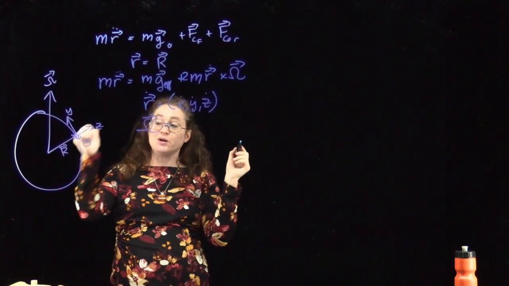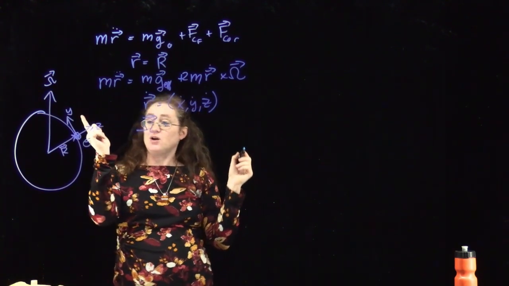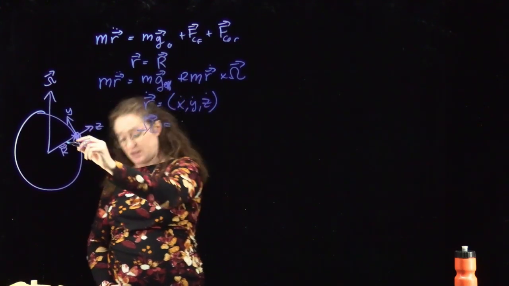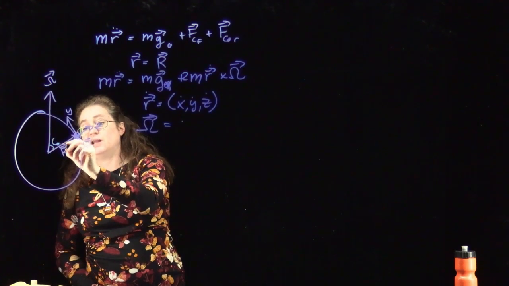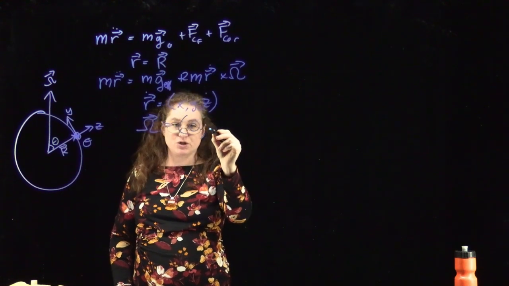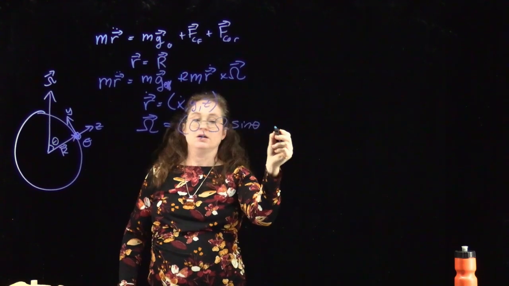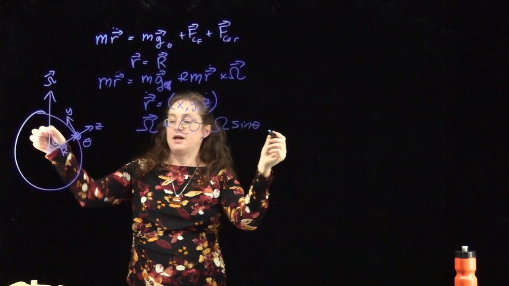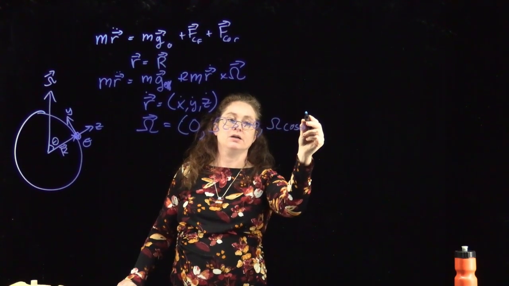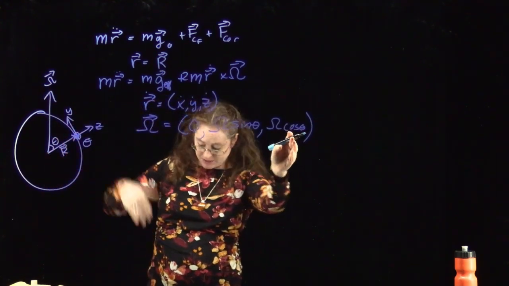There is no component to the east, so we're always choosing due east, whereas to the north, there's going to be a component, and there's going to be a component in the z direction. And we are using, again, the co-latitude, so this is theta. So there is a 0 in the x direction, omega sine theta in the y direction, and omega cosine theta in the z direction, so that if we are at the equator, everything is in the z direction.